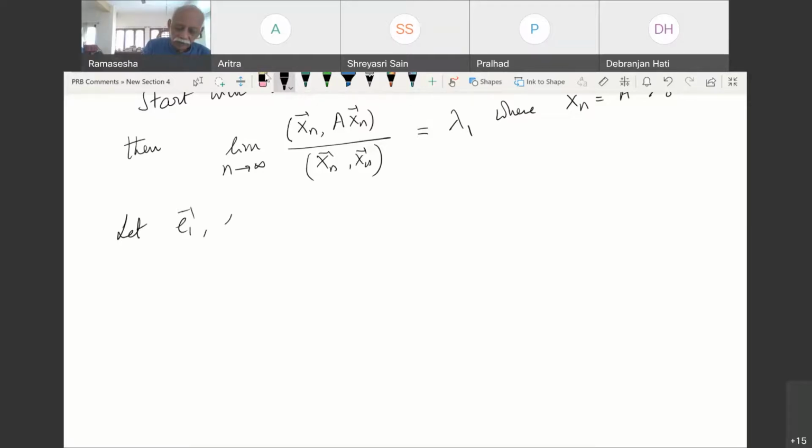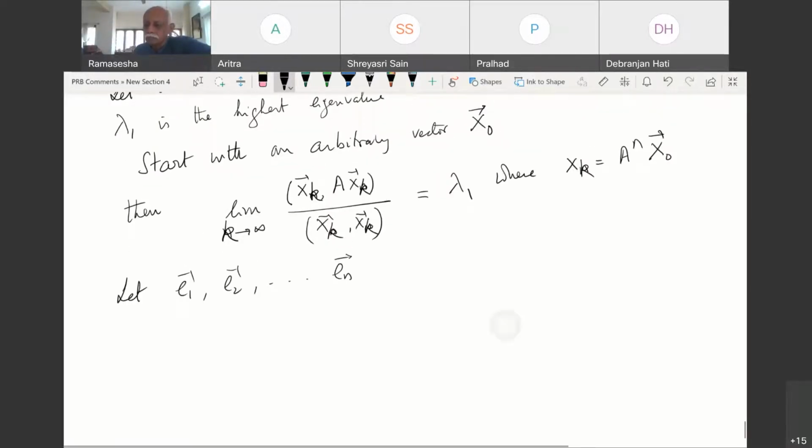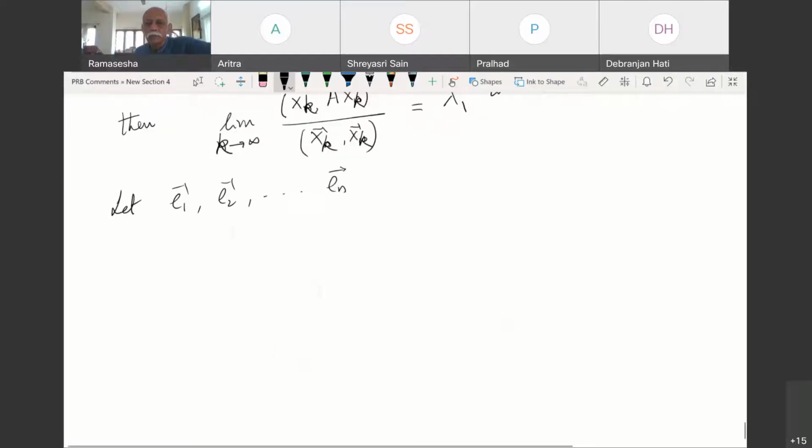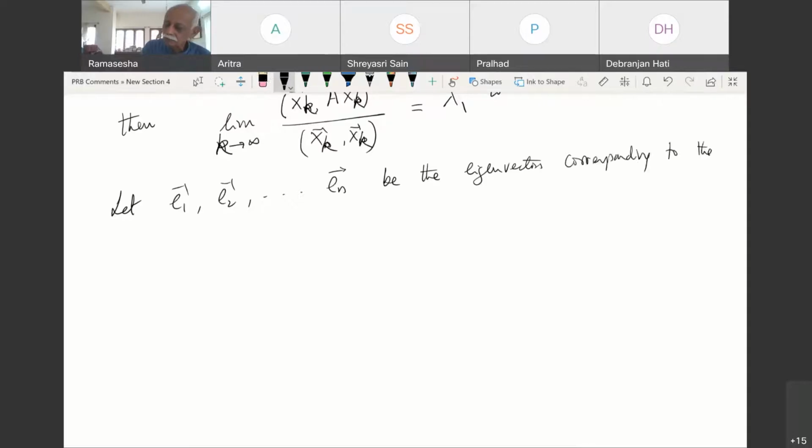Let E1, E2, up to En be the eigenvectors corresponding to the eigenvalues lambda 1, lambda 2, up to lambda n.